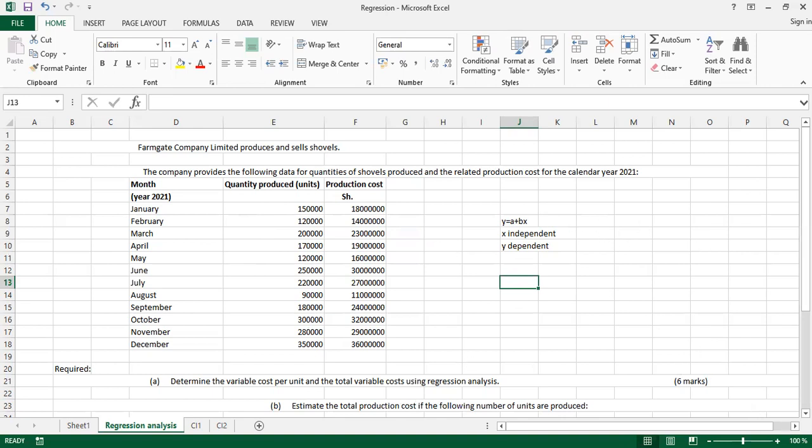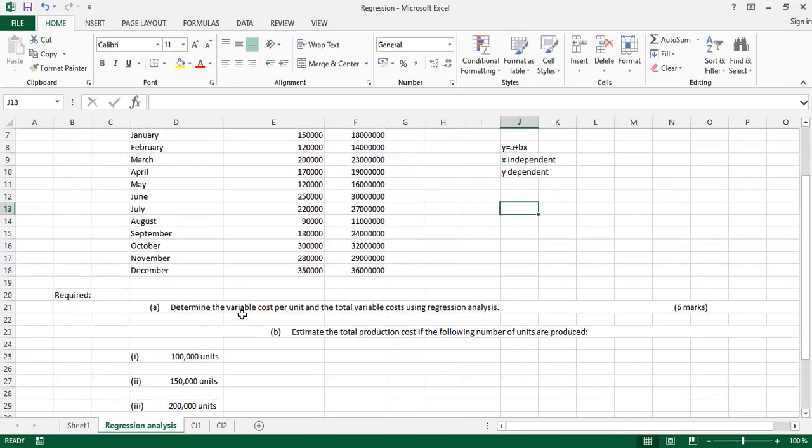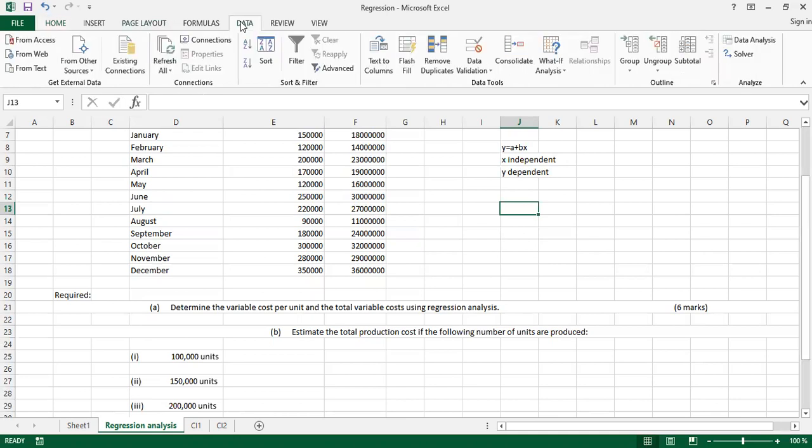When you come to the required, you've been told to determine the variable cost per unit and the total variable cost used in regression analysis. So here we must go to Data, then Data Analysis.